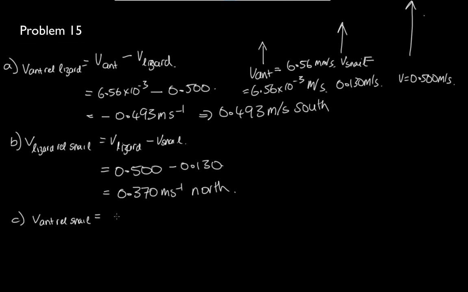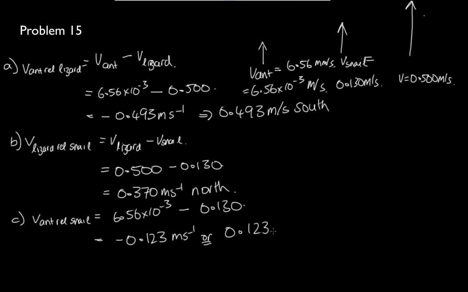So we'd expect this one to be in the south direction again. So we've got the velocity of the ant is 6.56 times 10 to the minus 3 minus 0.130, and solving that we get minus 0.123 meters per second, which we can say is 0.123 meters per second south.